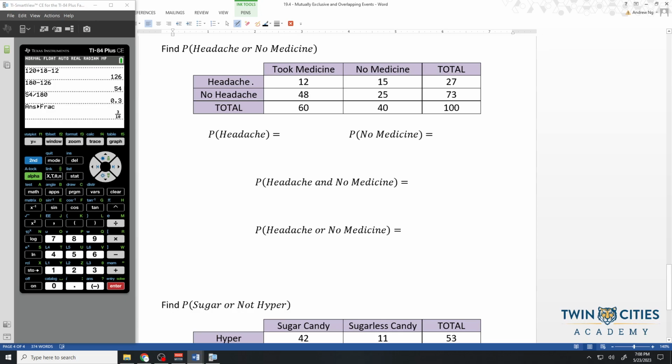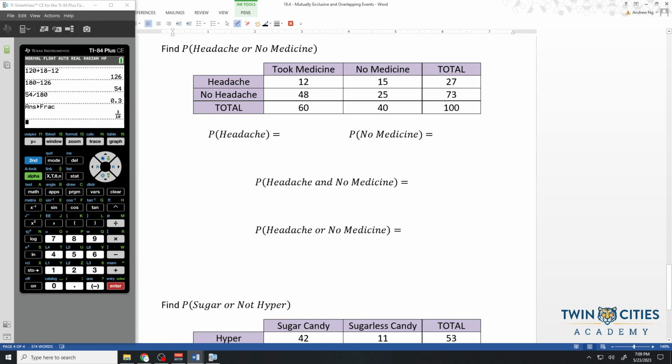When we asked, do you have a headache? Do you want to take medicine? 12 of them said, sure, I'll take a Tylenol or something. Now, I'm not saying that we gave medicine to random people or anything. This is just some random numbers I pulled out. Now, 15 of them didn't take any medicine for a headache.